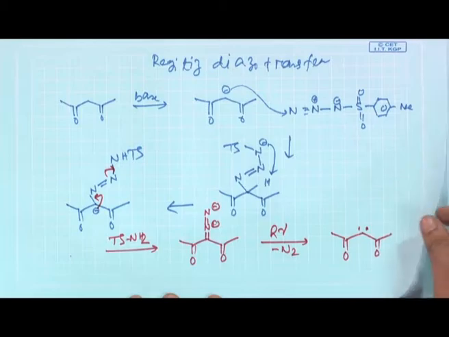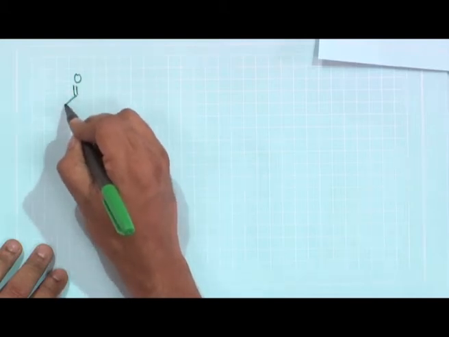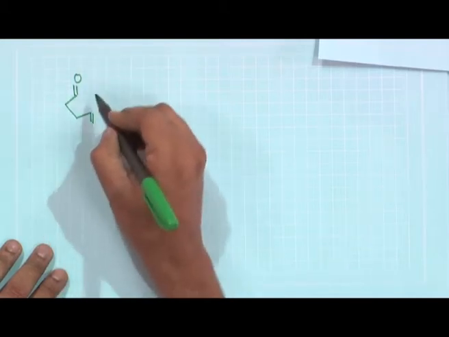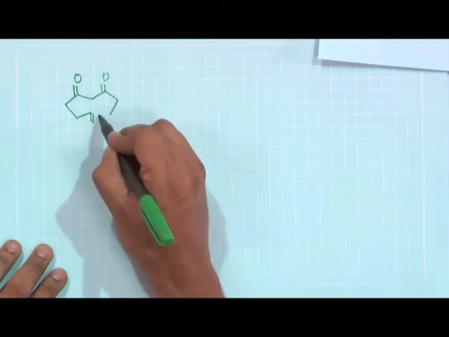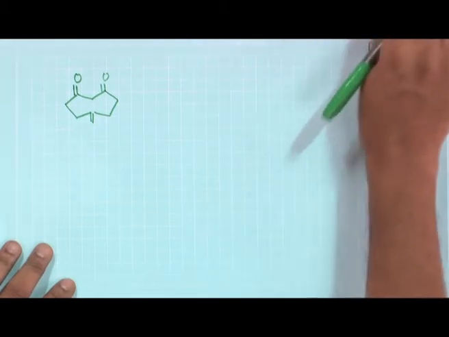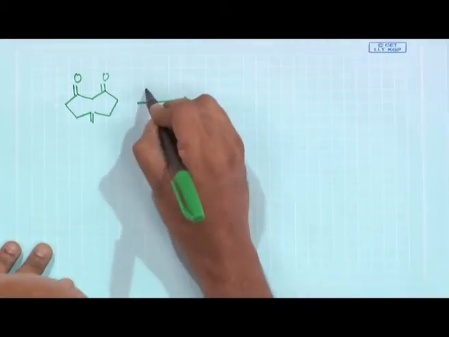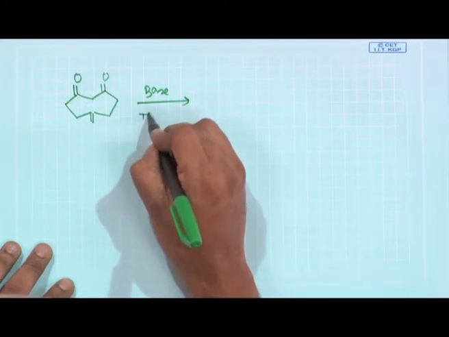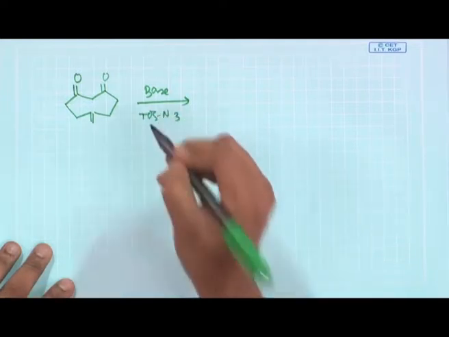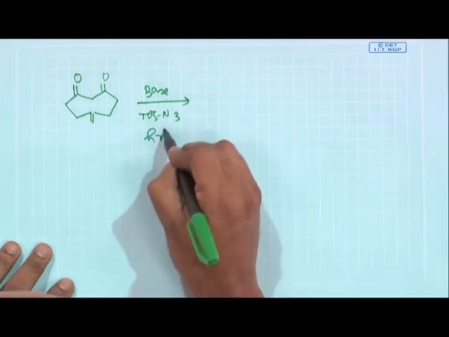So, now coming to the problem which we are discussing, if you have this particular diketone, which is one of the intermediates, the structure of the diketone, if you remember from the earlier paper, is this. Okay. So, now you treat with base and tosyl azide and then shine light.